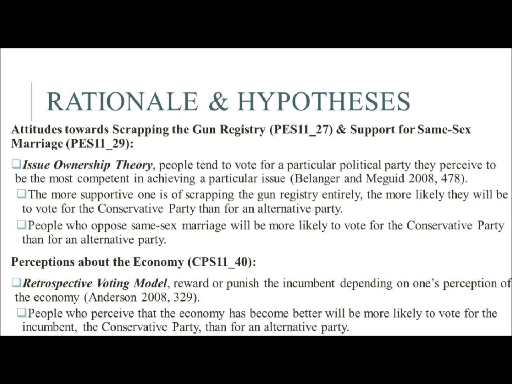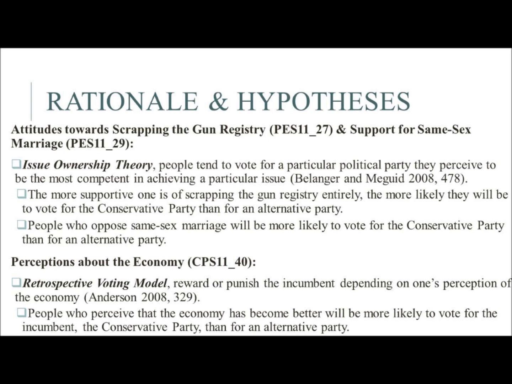For two of my independent variables relating to short-term issues, the rationale behind their respective hypotheses was drawn from the issue ownership theory. According to the theory, people tend to vote for a particular political party they perceive to be the most competent in achieving a particular issue. From this rationale, I hypothesized that people who oppose same-sex marriage will be more likely to vote for the Conservative Party than for an alternative party, or people who support same-sex marriage are less likely to vote for the Conservative Party.